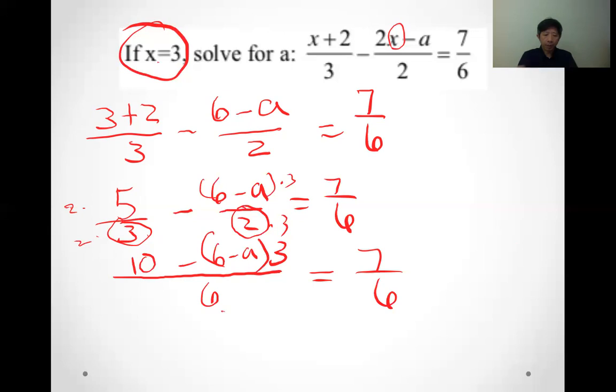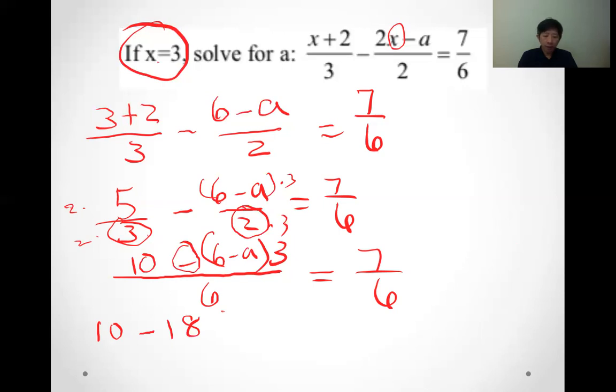Next, 2 is 10 minus 6 times 3, 18. All right. So now next we have a negative a times 3, right? And here we have a negative. Be careful of integer operation, right? So actually it is what?